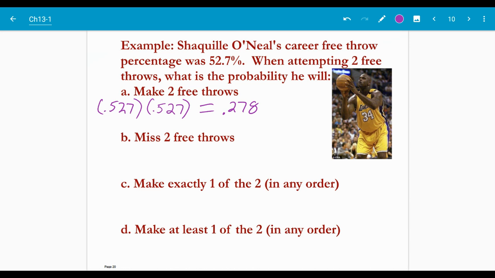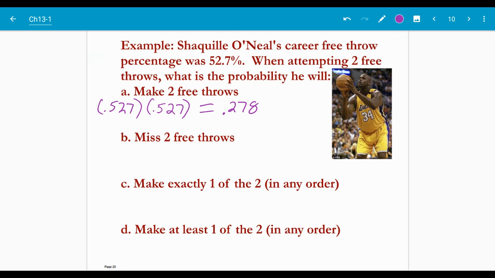I can just subtract that 27% away from 1, and there's about a 73% chance that he'll miss them. No, that is flawed logic here. Because you have these independent events, we have scenarios where you're mixing and you can make one but miss the other. And you can see we're going to get into that in letters C and D.